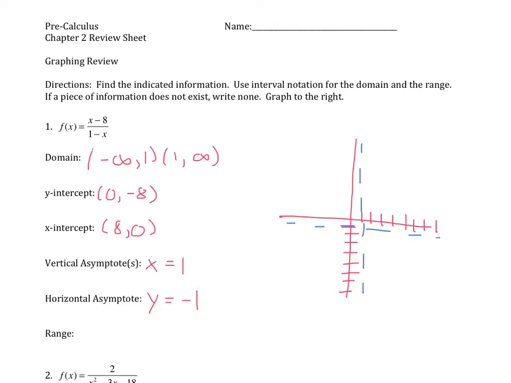So I'm going to put my y-intercept down at negative 8, and my x-intercept at positive 8. It looks like my graph will form these two curves, right here and right here. If you can't see that, you can always plug in some additional points to get the rest of the graph. So now we know that our range goes from negative infinity to the horizontal asymptote, negative 1, and then negative 1 to infinity.